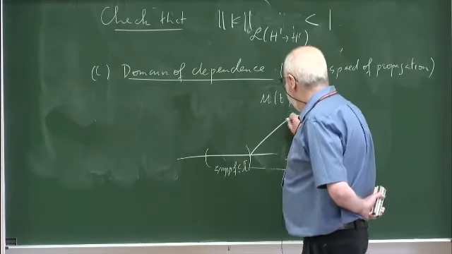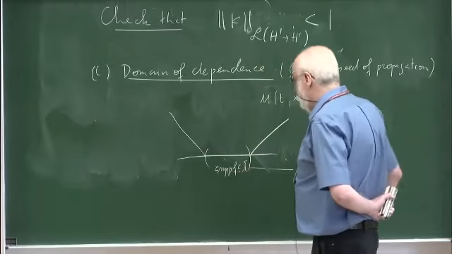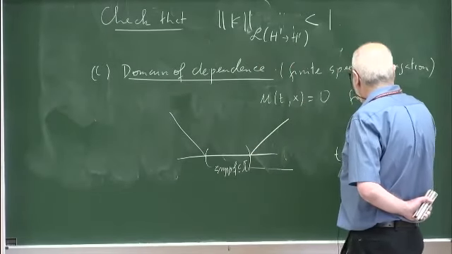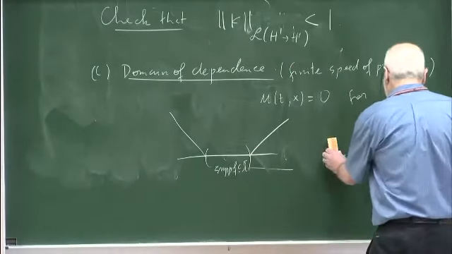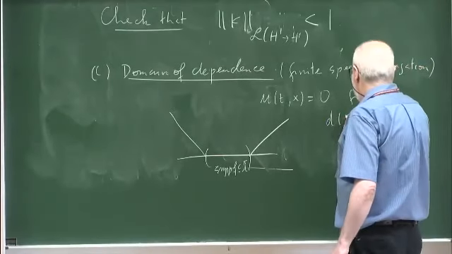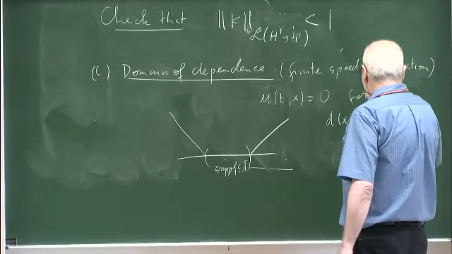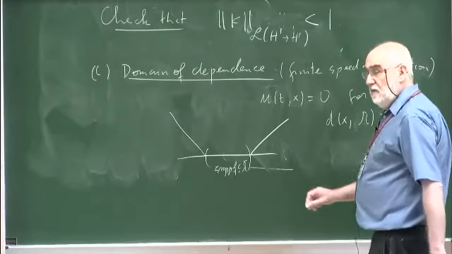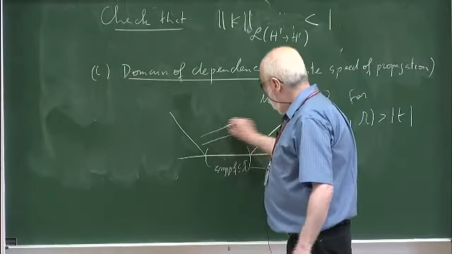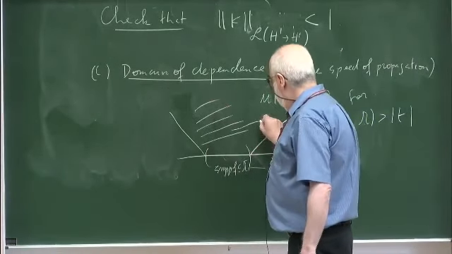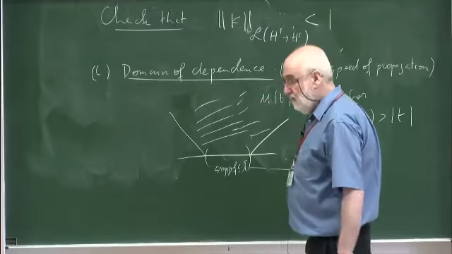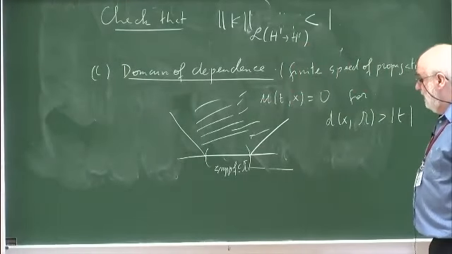It's 0 outside omega bigger than modulus of t. So it propagates. This is the standard wave equation when c is equal to 1. I drew it in that case.